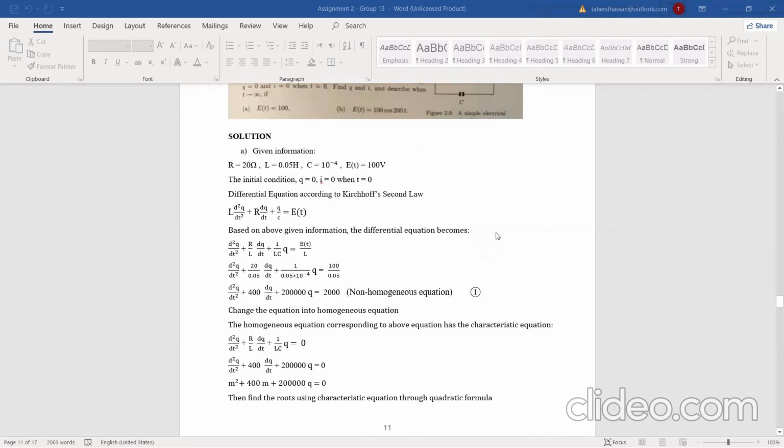The differential equation according to Kirchhoff's second law is L d squared Q over dt squared plus R dQ over dt plus Q over C equals E(t).